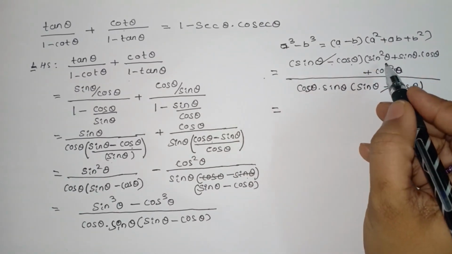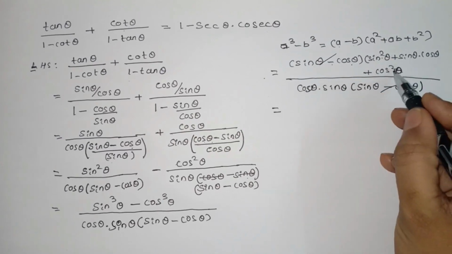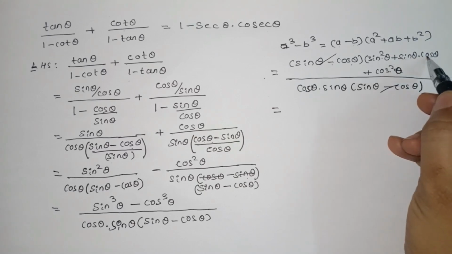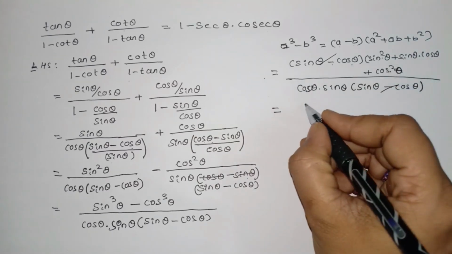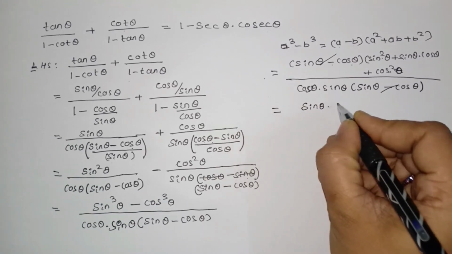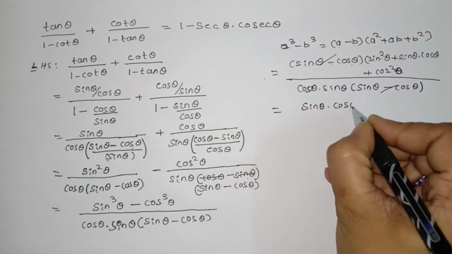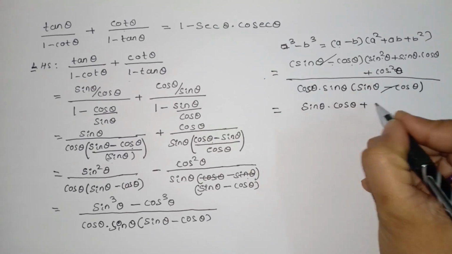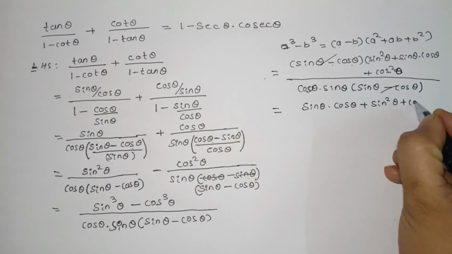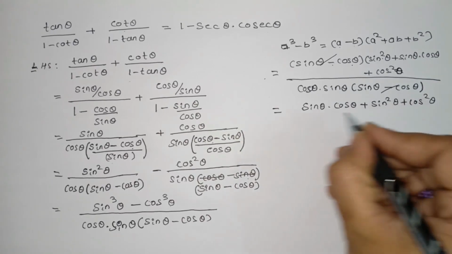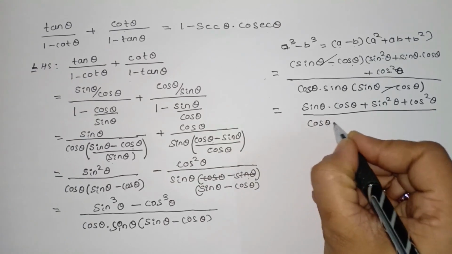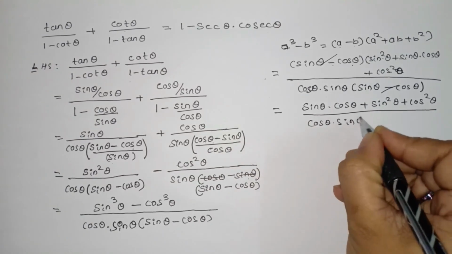Now in another bracket we have sin square plus cos square theta, and this one more term sin theta into cos theta. So this bracket we can write as sin theta into cos theta plus sin square theta plus cos square theta divided by cos theta into sin theta.